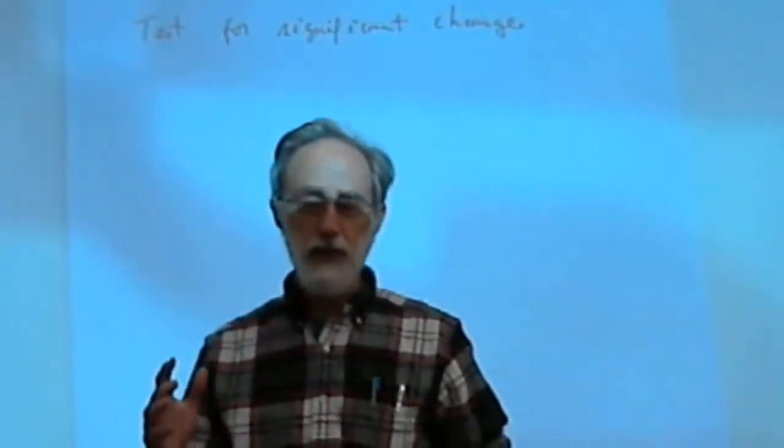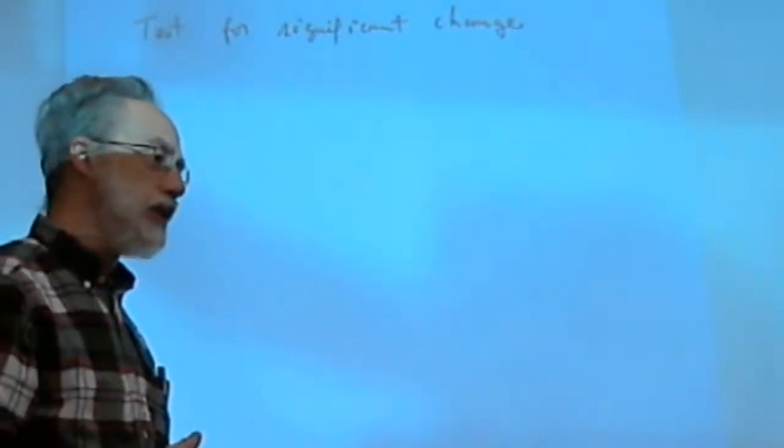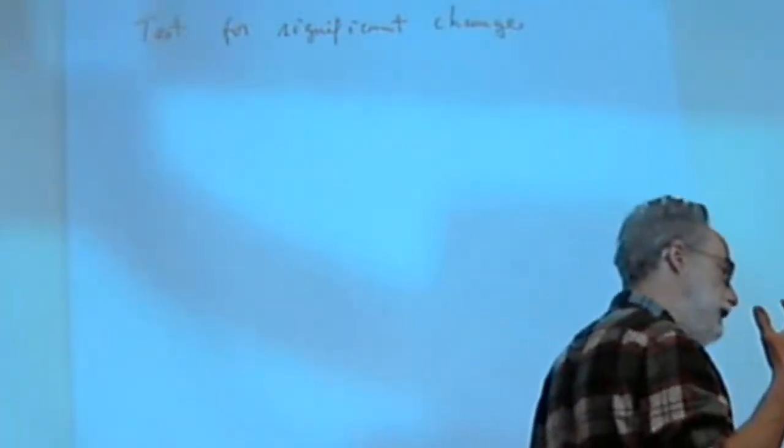You poll the people before if they're for A or for B, and then after the debate you re-poll them. What you're interested in is change, and given change, you might be interested in people moving more to the one than to the other. So it's a neat problem, and it happens in applications.